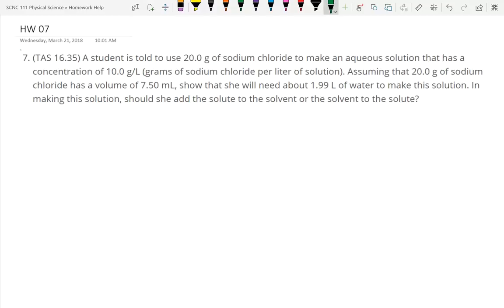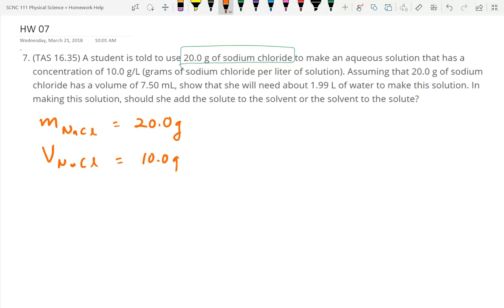So she's told to use 20 grams of sodium chloride. So we have the mass of NaCl is equal to 20.0 grams. And it says assume that that gives us a volume of 7.50 milliliters.